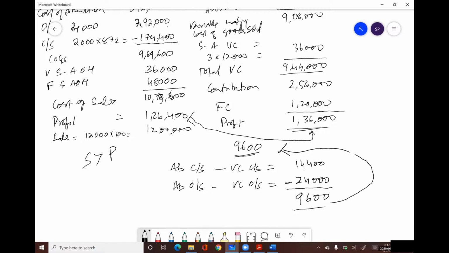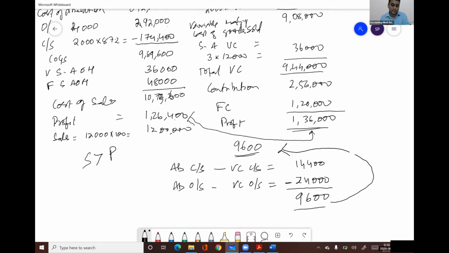So why is there a difference in profits of absorption costing and variable costing? What's the reason, Sanjana? Because of the difference in the valuation of closing stock and opening stock under these two methods.